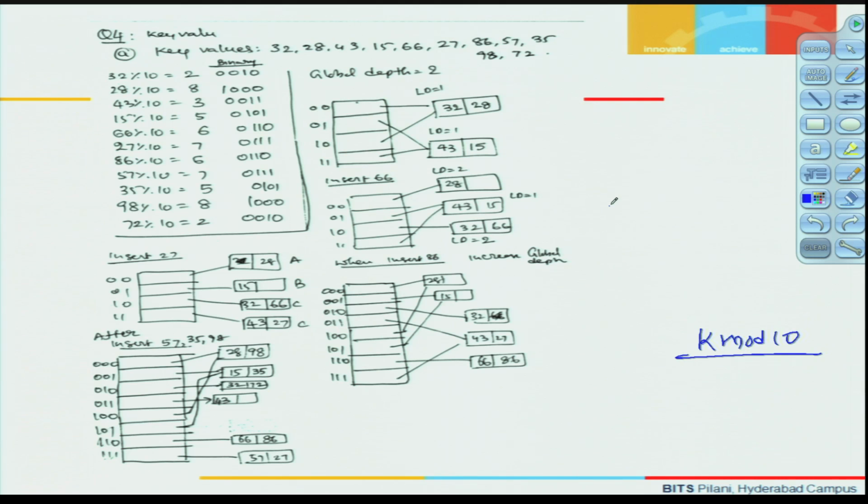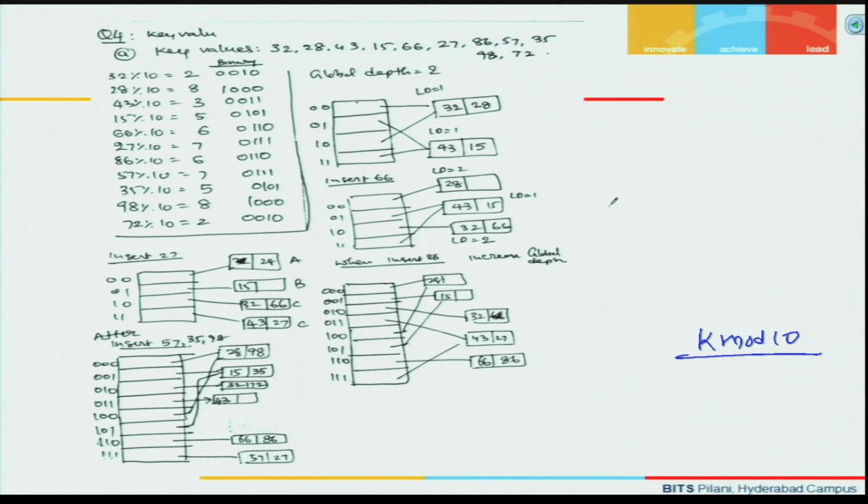That means from the hash value we will be considering only 2 leading bits to construct the directory structure. This is the directory structure, and the keys or records that need to be inserted into the file are: first record with key value 32, second record with key value 28, then 43, 15, 66, 27, 86, and so on.